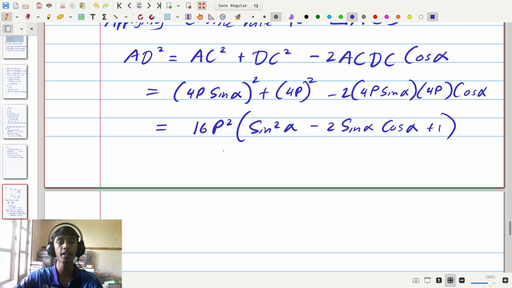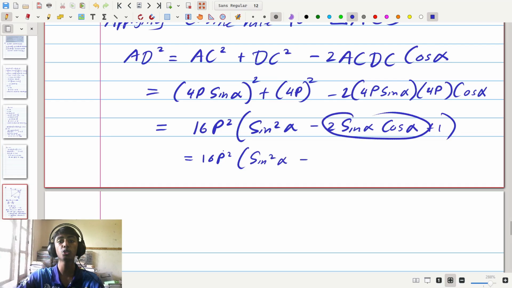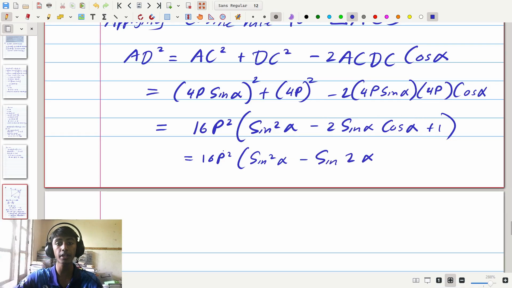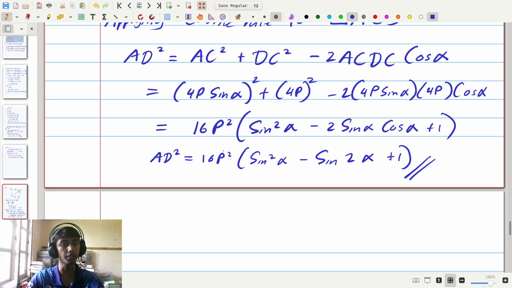Finally this can be written as 16p squared times sine squared alpha, and we know 2 sine alpha cos alpha is the sine of 2 alpha, so we have minus sine of 2 alpha plus 1, and therefore AD squared is equal to 16p squared times sine squared alpha minus sine 2 alpha plus 1, and so we solve that part.